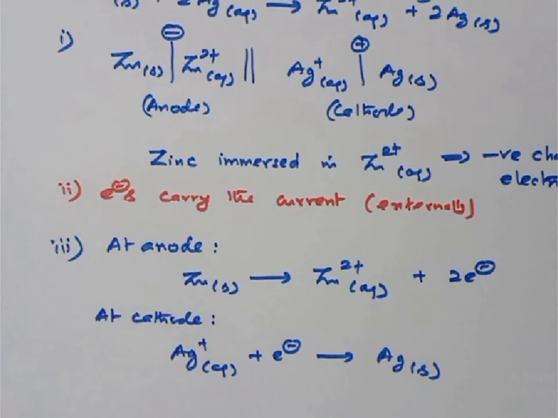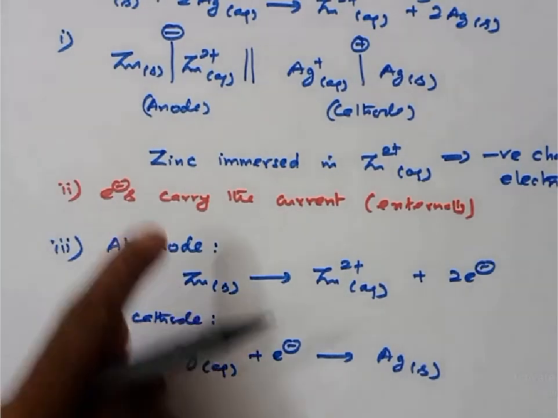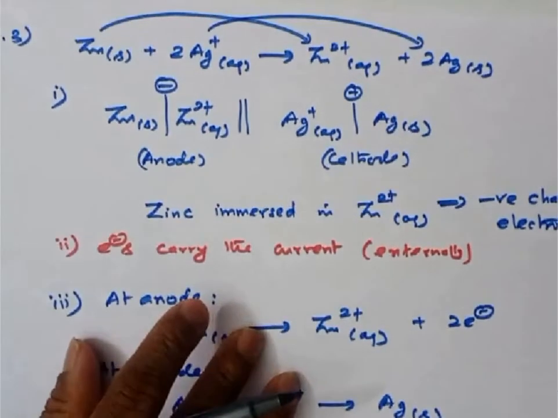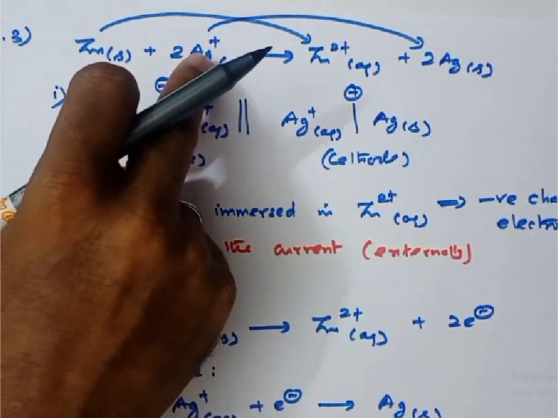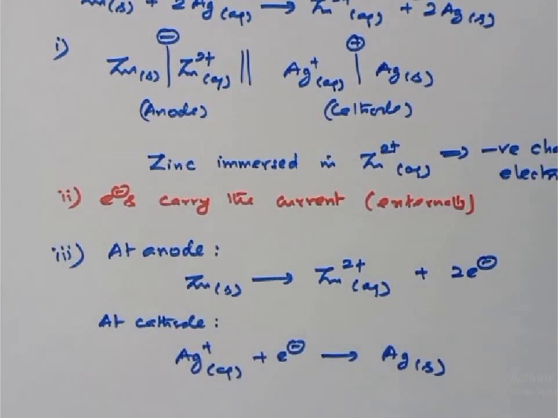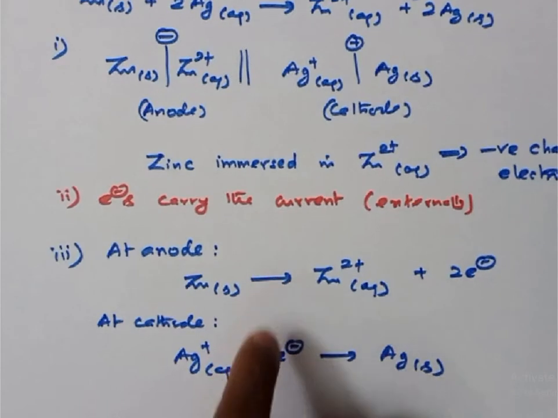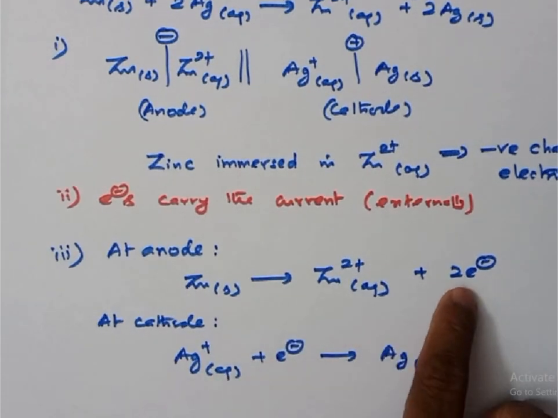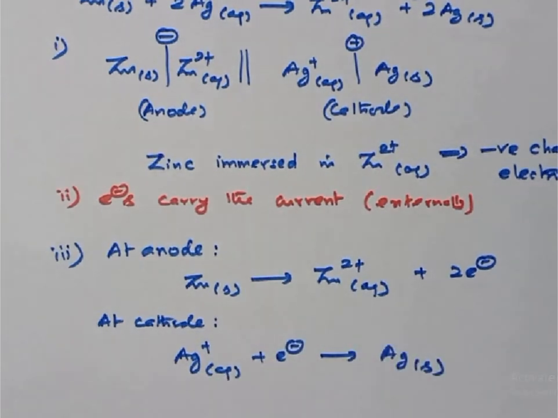This is the reaction at each individual electrode. The overall reaction is given. While writing individual reactions, students, you need not balance the number of electrons. While writing the overall reaction, you should balance the number of electrons and cancel them. Take note.